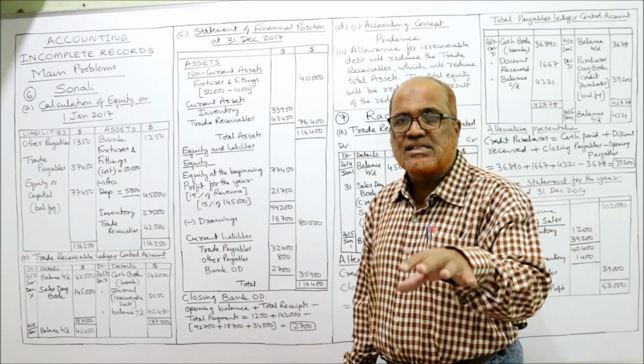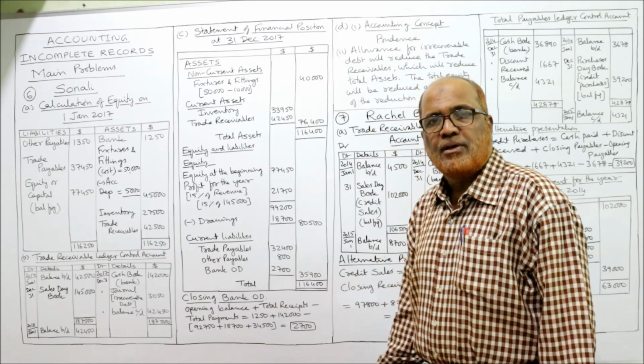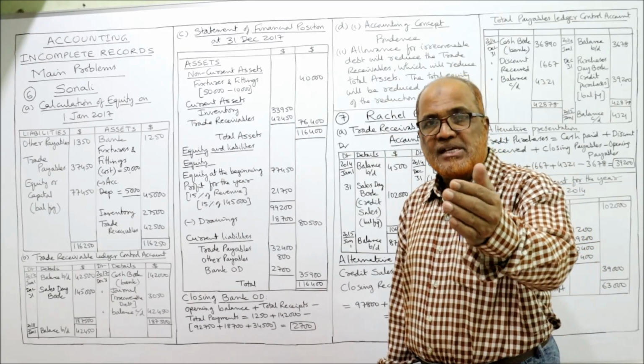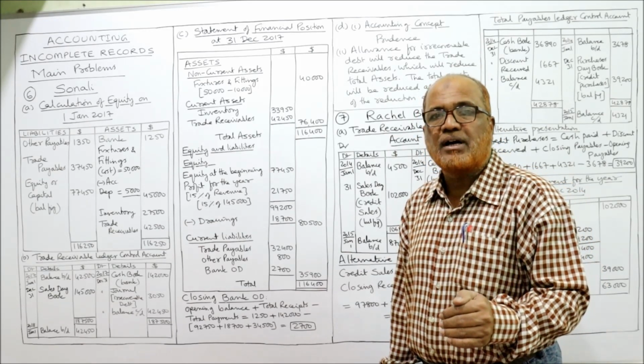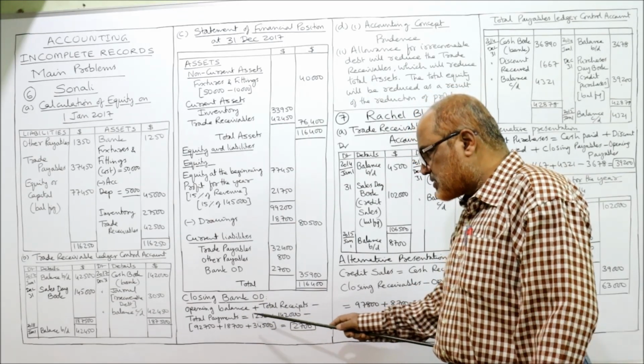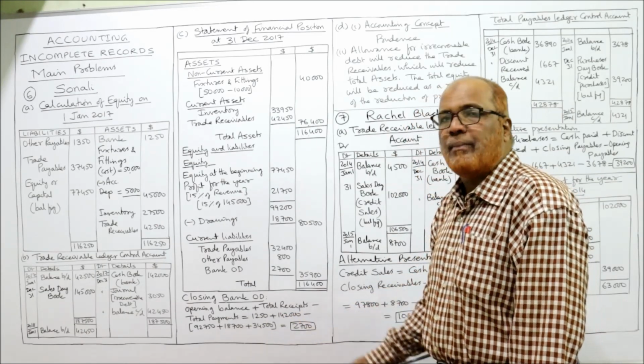How much cash is received from the customers? We have received 1,42,000. Here we have written bank. So 1,42,000 rupees have been received from the customers. So 1,250 plus 1,42,000 minus total payments.